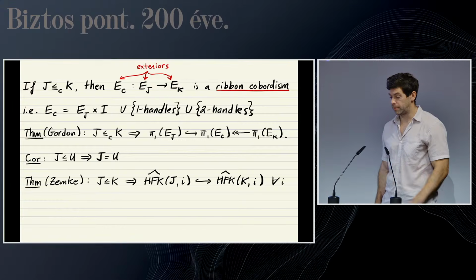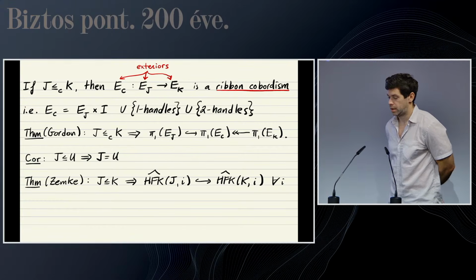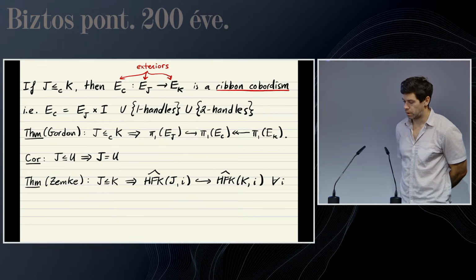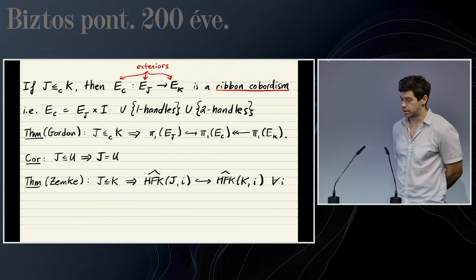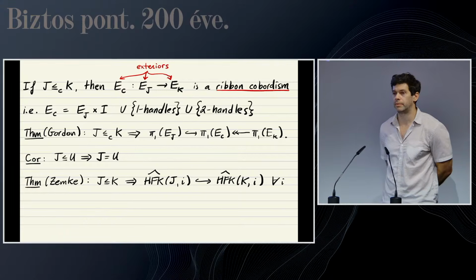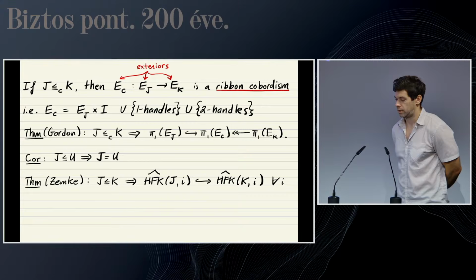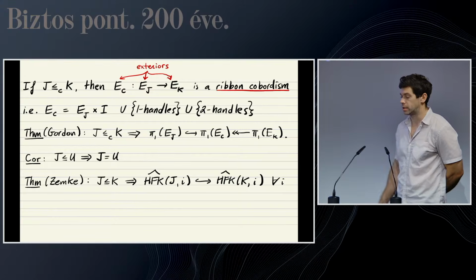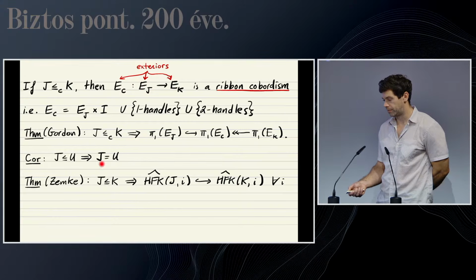Much more recently, I think around 2019, Ian Zemke showed that actually a ribbon concordance induces an injection in knot Floer homology. So if J is ribbon concordant to K, then the knot Floer homology of J injects into that of K in each Alexander grading I. Here I is the Alexander grading.